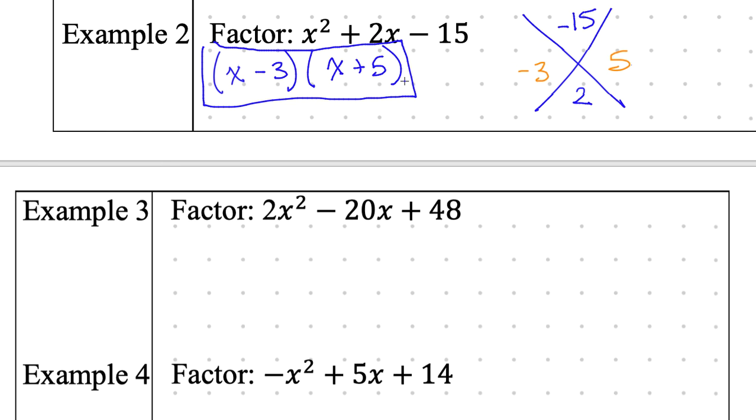And with another quiet raised hand, what is the greatest common factor? Jose. 2, yeah. So I'm going to factor out the greatest common factor, which is 2. Do you want to do the rest of it, Jose, or do you want to give it to someone else? If you don't mind, yeah.